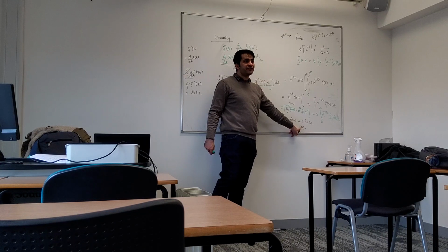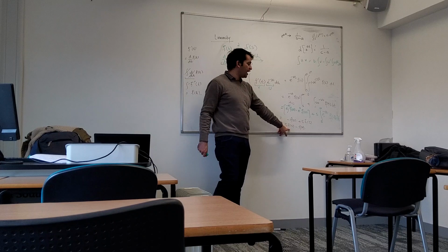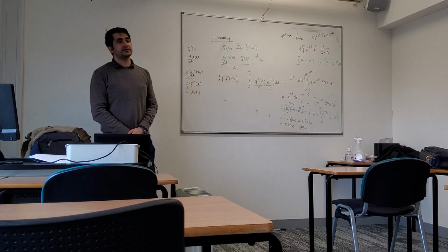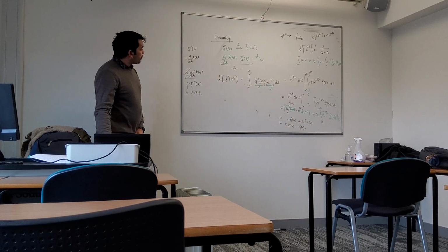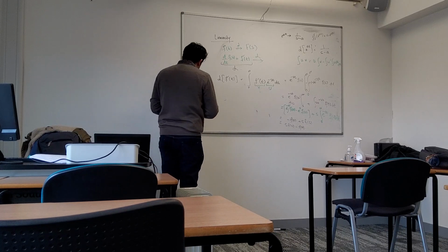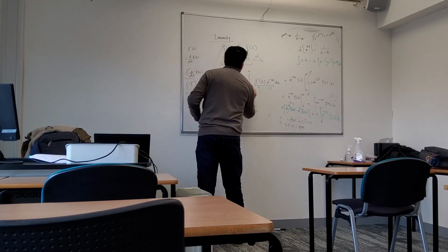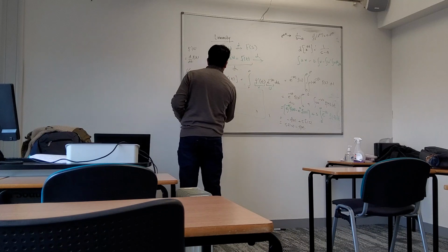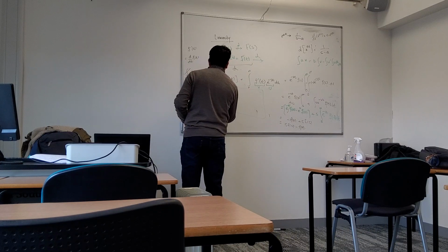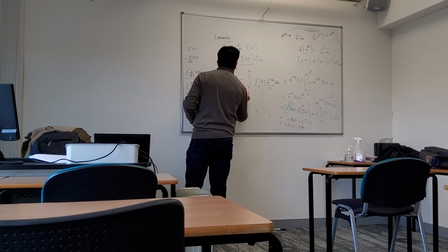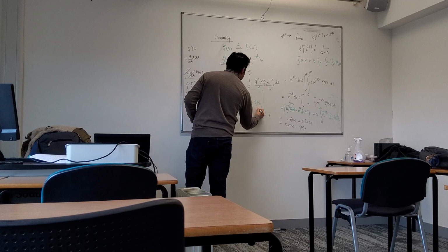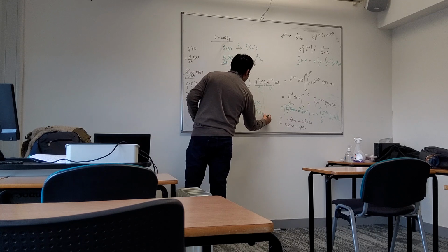Any question on this? So we came to a formula: if the Laplace of f of t is f of s, then the Laplace of f prime of t is s f of s minus f of 0, where f of 0 is the value of the function at t equals 0.